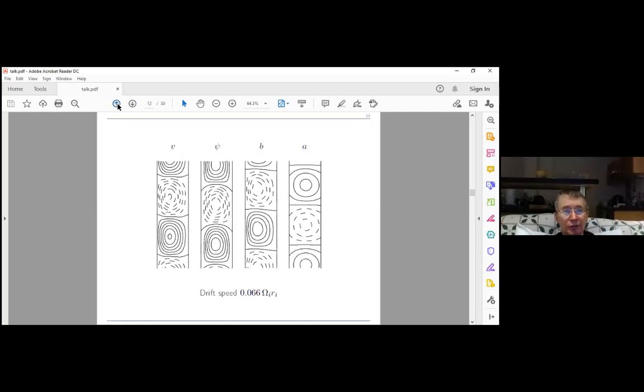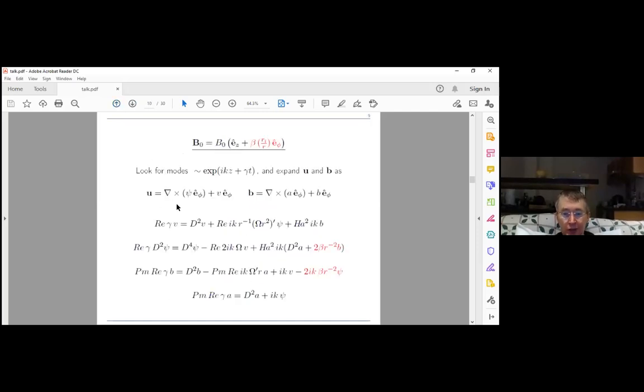Let's just have a look and see where it came from again. Again, it's this equation here, and it's this term right here. And this term essentially takes over the role that was previously played by this term, right? Remember, we agreed before, the reason that the Reynolds numbers have to be so large is because PM is so small, and this term is simply critically important to drive your instability.